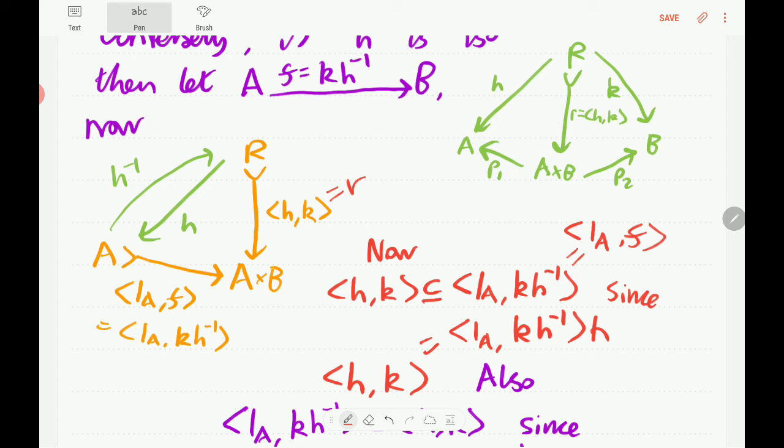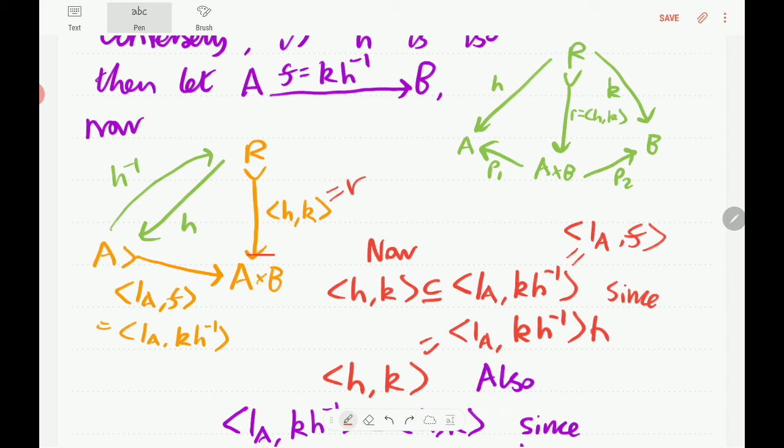Why? Well, because consider identity a, comma k h to the minus 1 after h. So that's going to be this kind of composition like this. Well, the h just goes inside and we end up with h comma k.